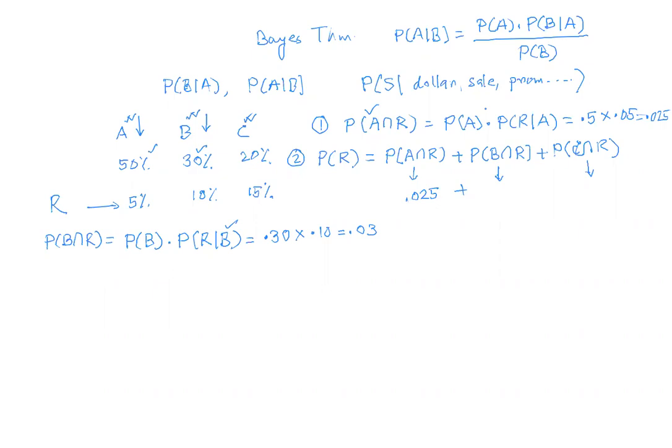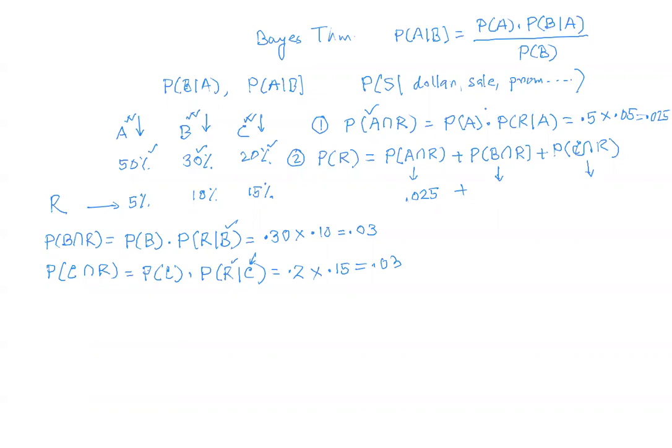Okay. Similarly, the probability of staying at hotel C and having a reservation problem is the probability of C times the probability of having a reservation problem given that he stays at hotel C. 20% of the time the person stays at hotel C, times the probability of a reservation issue given that the person stays at hotel C, which restricts you to column C, is 15% or 0.15, which is going to give you 0.03.